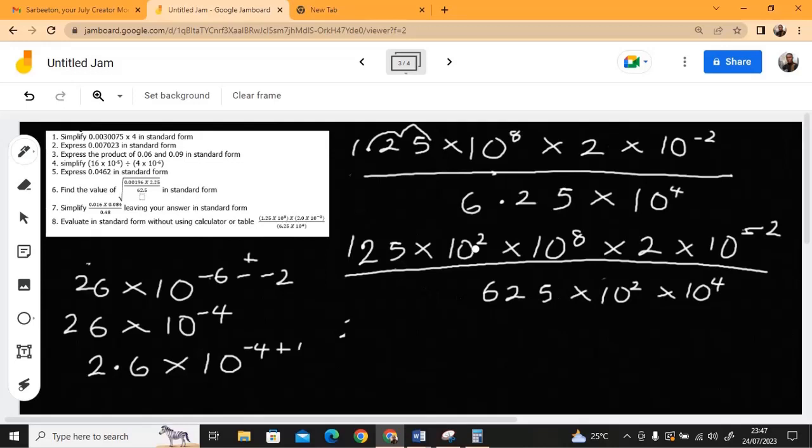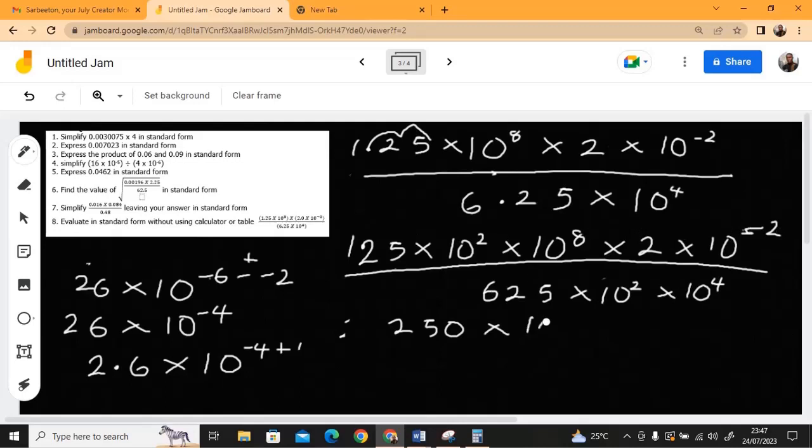Now with this, our problem is solved. The tens are the same thing. So 125 times 2 will give us 250, right? That is 250 times, this one is just addition, 2 plus 8 is 10, then 10 minus 2, that is 8.